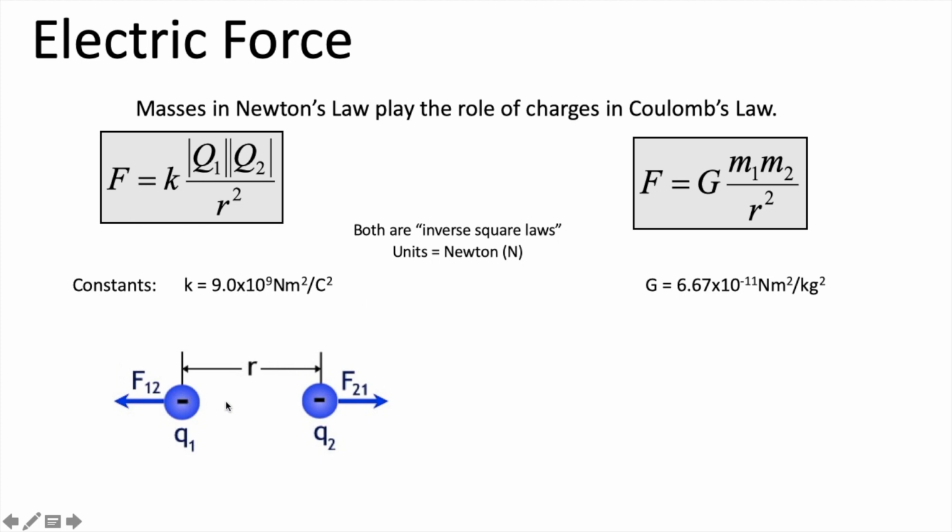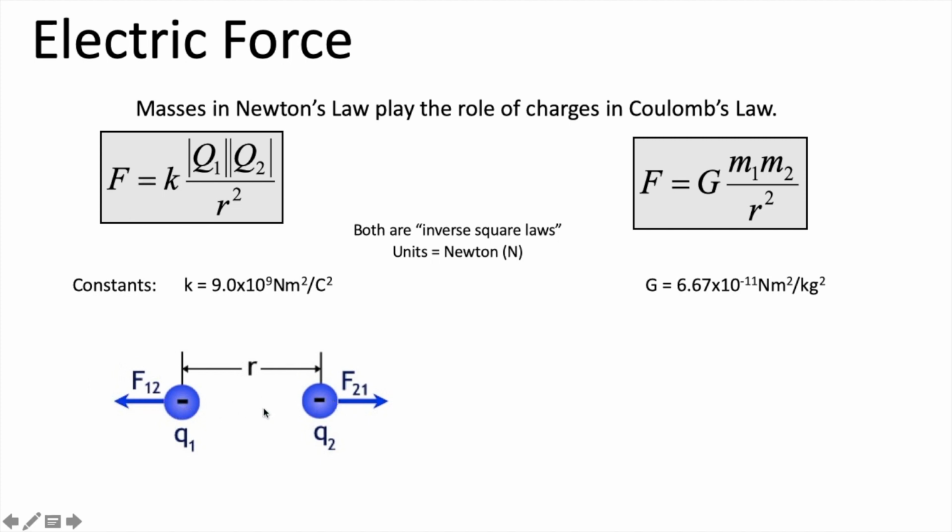So, if the same charges are placed in space here, separated by distance r, you'll do this in class. Follow the subscript, it's helpful. Here this means force on 1 due to 2.